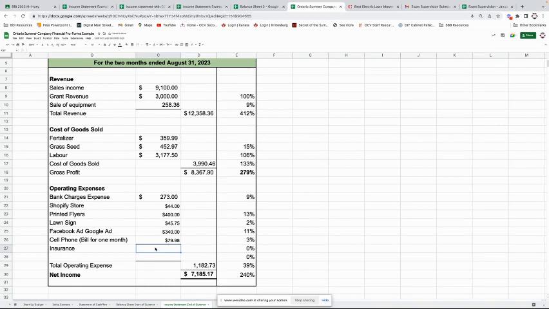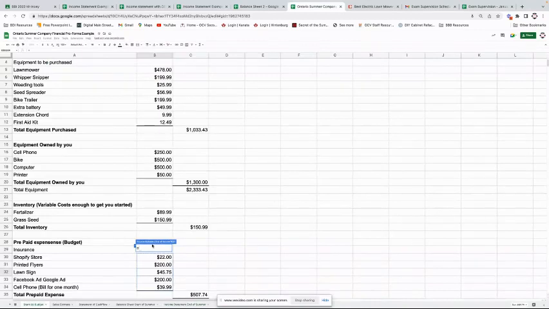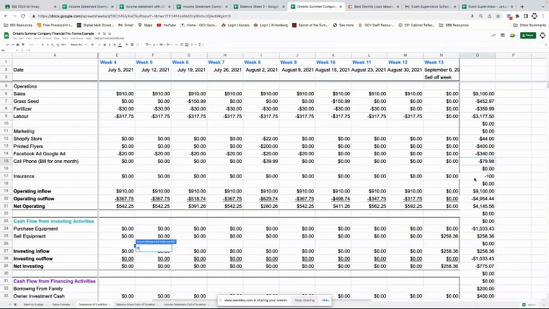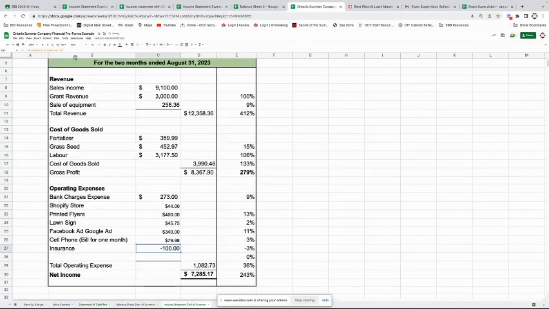Insurance. This is something that is required from Ontario Summer Company. It's something that Invest Ottawa will help you with, but we are going to account for at least $100 will be spent on insurance in case we run over somebody's dog or something bad happens.